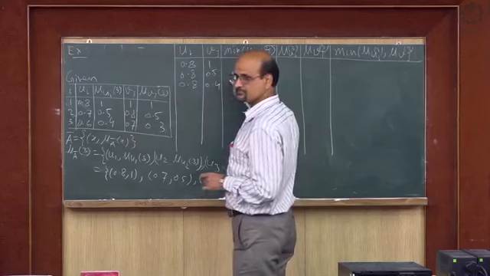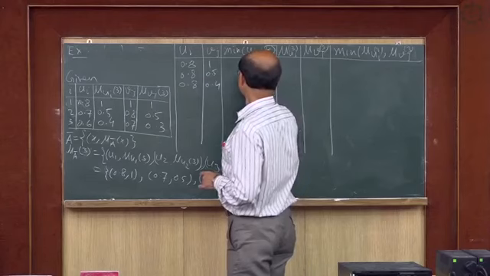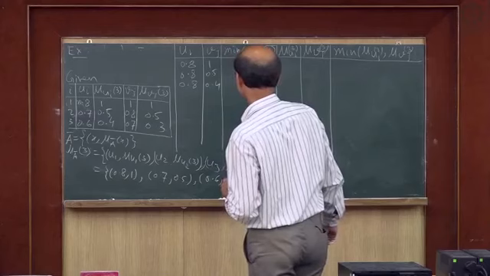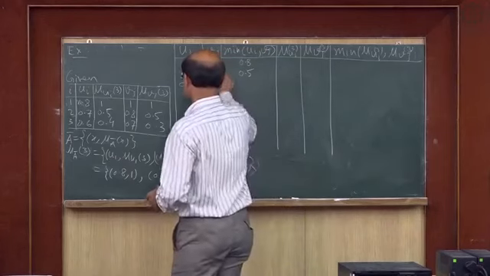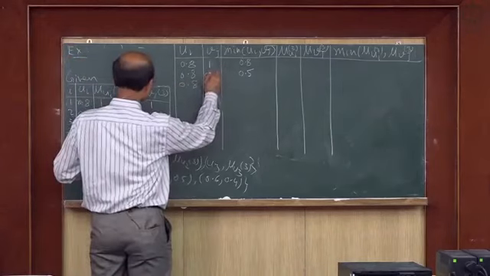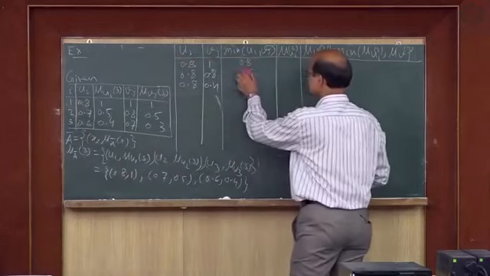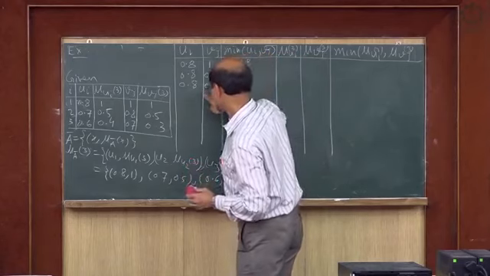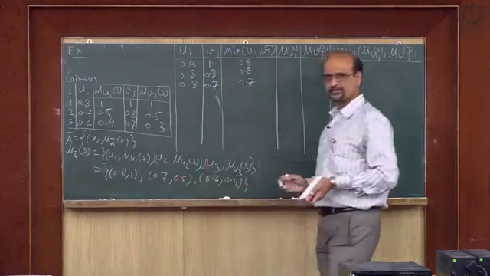Take the minimum of these: 0.8 and 1 it is 0.8, 0.8 and 0.5 it is 0.5. Sorry, these are all mu ui, so 1, 0.8, 0.4. Then it is 0.8, this is also 0.8, this is 0.7. Is it correct?